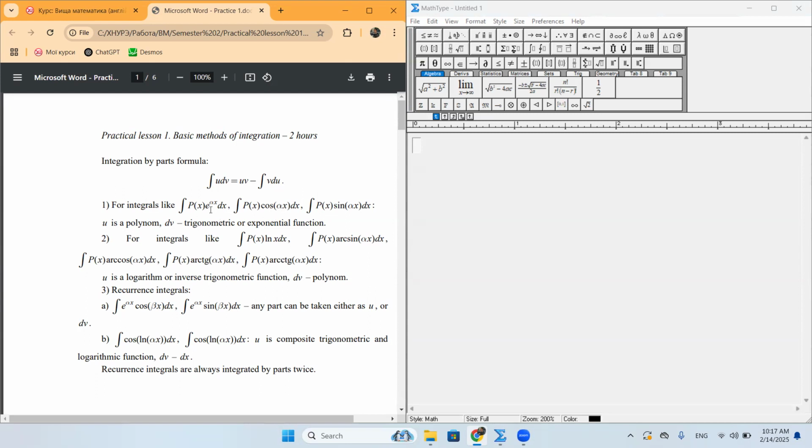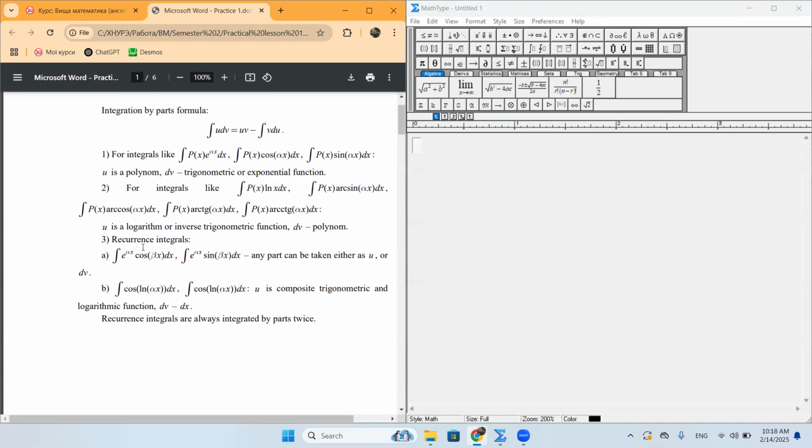For integrals like this, a polynomial multiplied by exponent, cosine, or sine, we take the polynomial as u, and dv is the differential of the exponent or trigonometric function. For integrals with a polynomial by logarithm, arcsine, arccosine, arctangent, arccotangent, we take dv as the polynomial and the differential of the polynomial, and u is the logarithm or inverse trigonometric function.